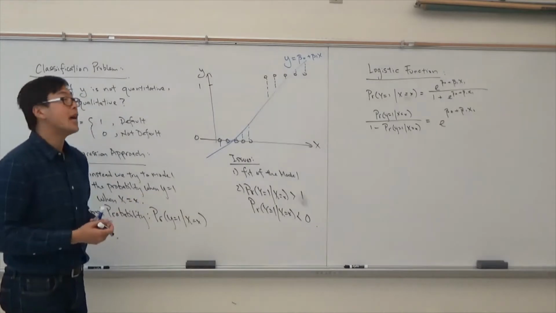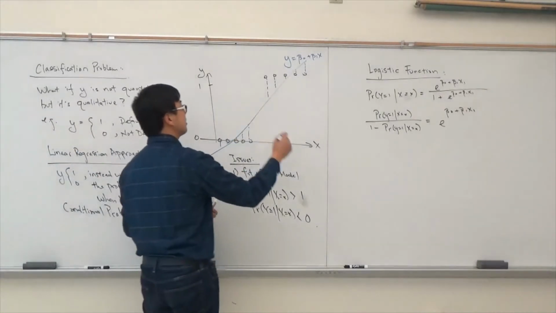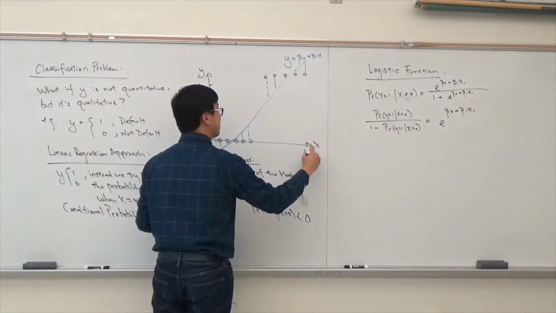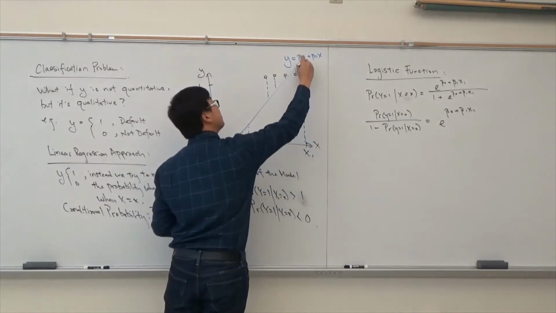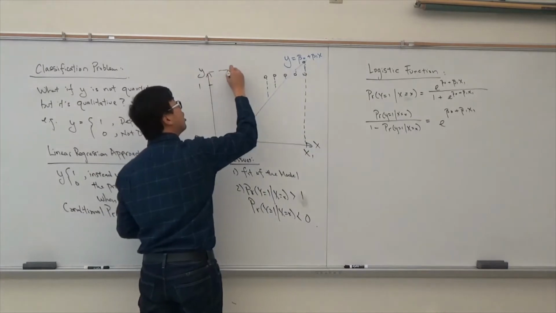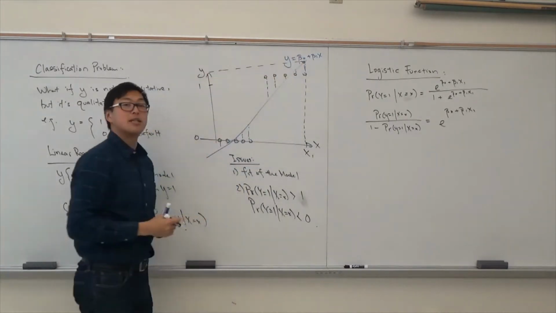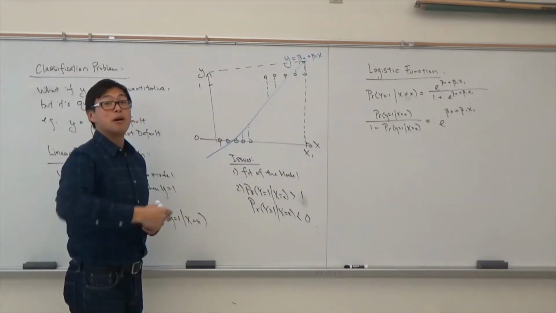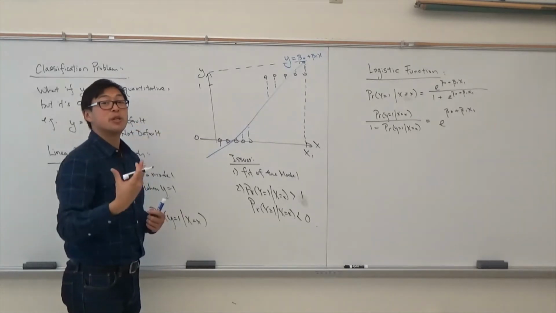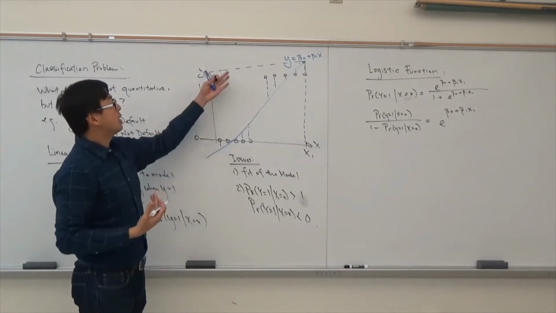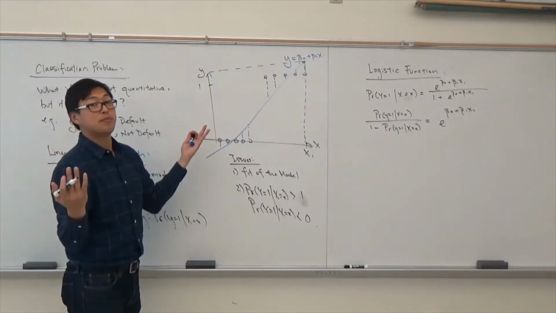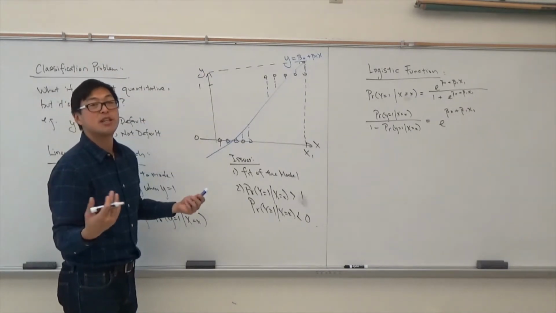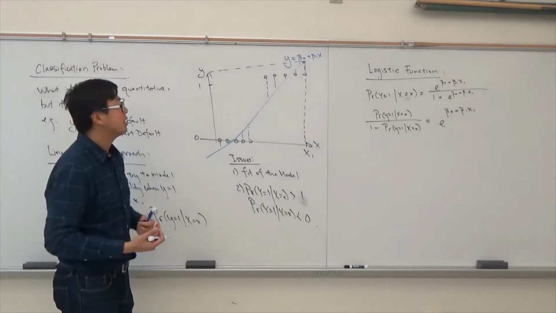When do you see that? For instance, we take some x value here, some x1. We look at the regression line, and this prediction tells us y can be above 1. That means the probability for this y to happen is beyond 100%.